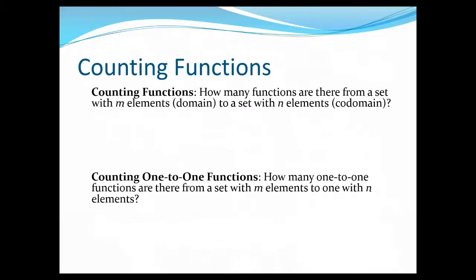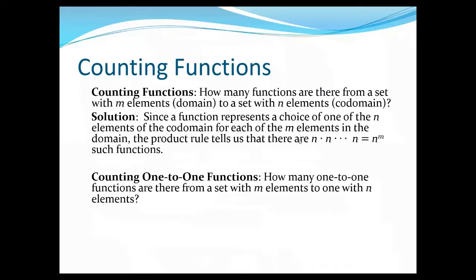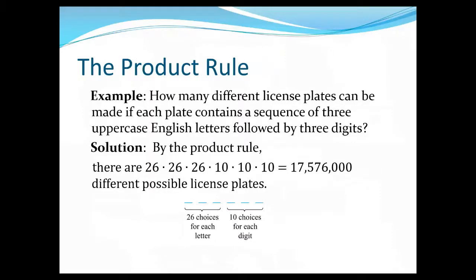Basically, we just multiply the number of elements of the result: n times n times n times n, which equals n raised to m, wherein m is the number of elements, or the number of positions, of the domain. This is the same as our product rule.